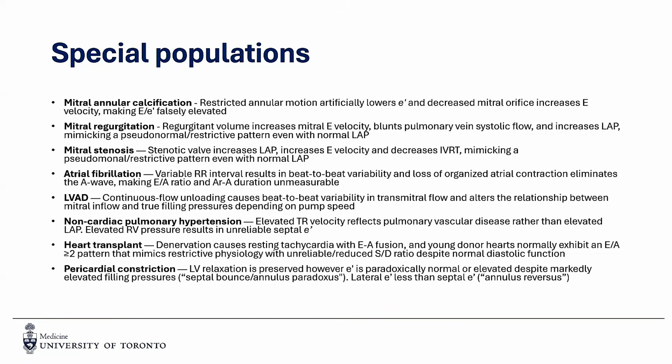And then finally, in pericardial constriction, you have this idea of annulus paradoxus or annulus reversus as well, whereby the restriction of the pericardium actually causes an exaggerated LV annular velocity despite having impaired LV filling, such that your E prime is going to be relatively high, even though your filling is going to be impaired. Relatedly, with annulus reversus, your lateral E prime is going to be less than your septal E prime because of the restriction that happens with the pericardium.